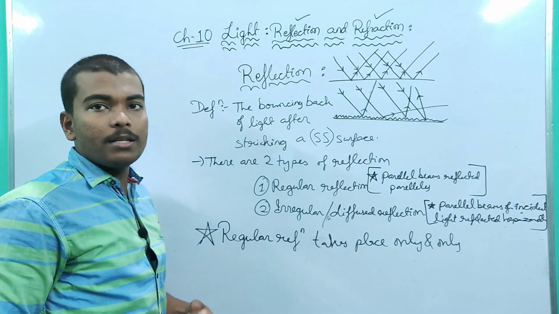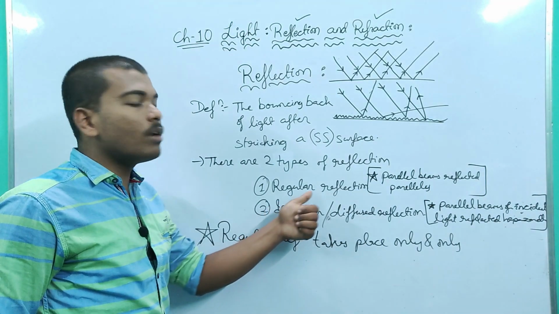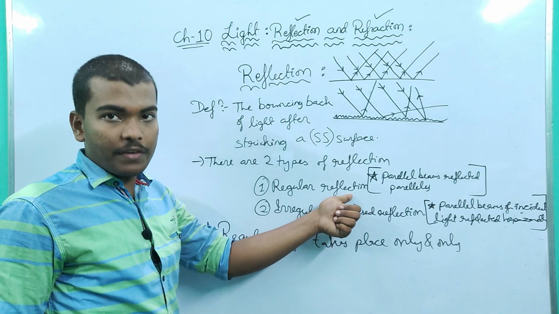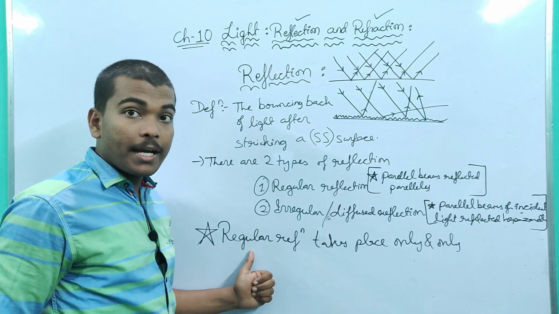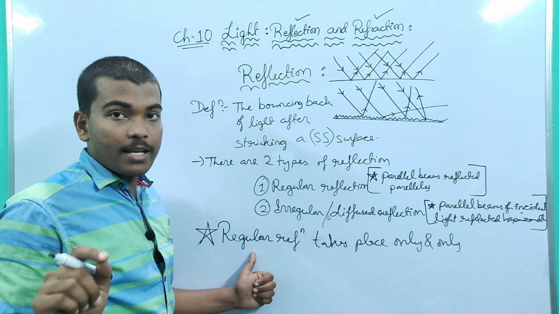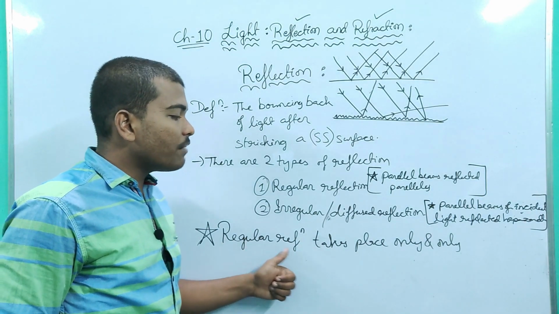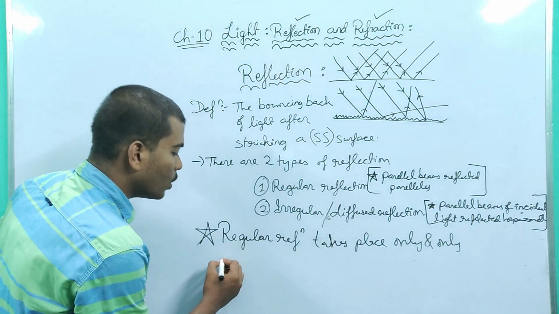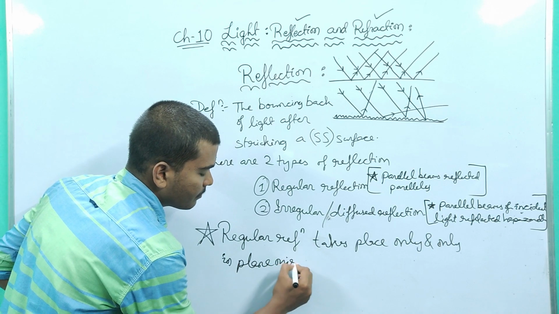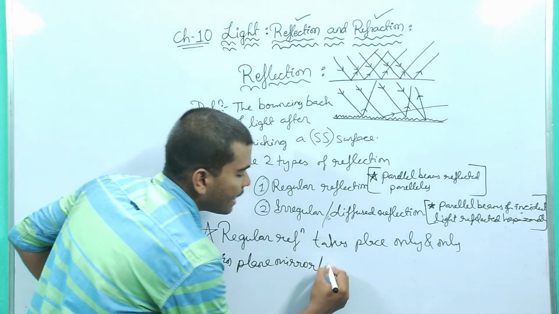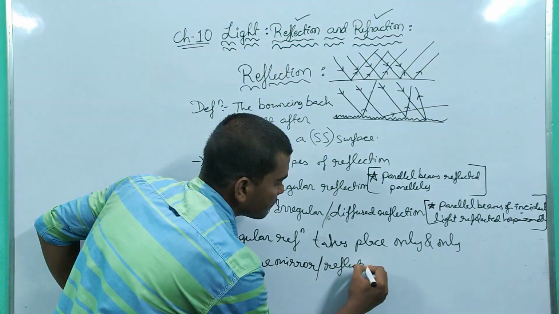If you ask about spherical mirrors, no, in spherical mirrors regular reflection does not take place, though we see our face, but that is not regular reflection. I will tell you why, we will justify it, but from the point of view of the exam, there can be a question. Regular reflection takes place only and only in plane mirrors, or plane reflecting surfaces.